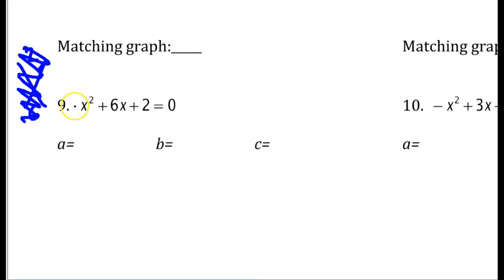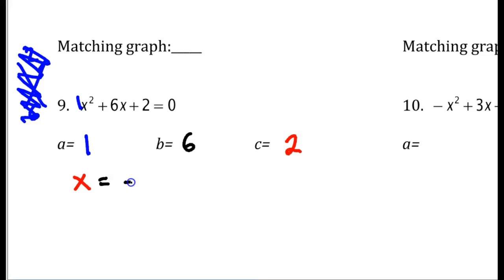So we'll keep going, and we see we have a 1 for A, a 6 for B, a 2 for C. And once again, write out the formula without looking at the front. See if you can write down the formula right now, just as practice, so you know what it is. So x equals what? Go ahead and write it down on your paper. I'll give you a second. Let's go ahead and plug it in.